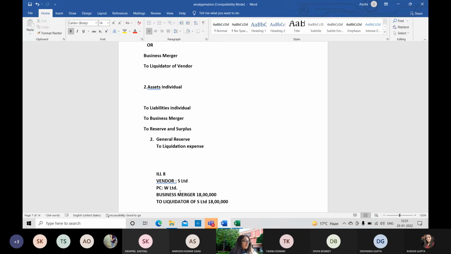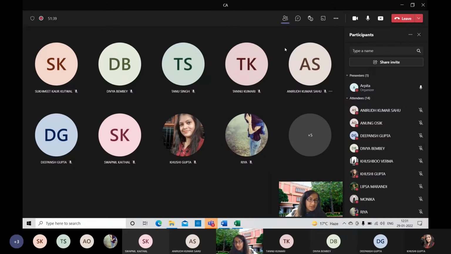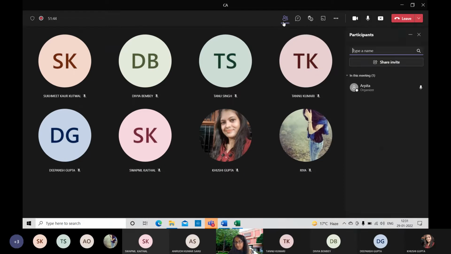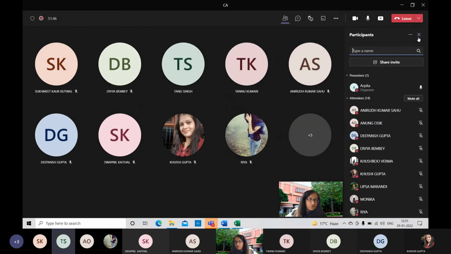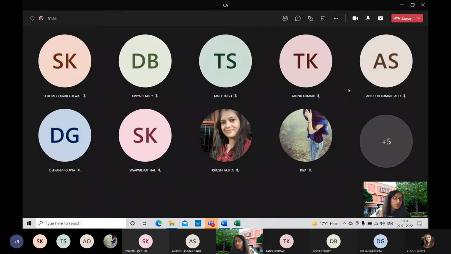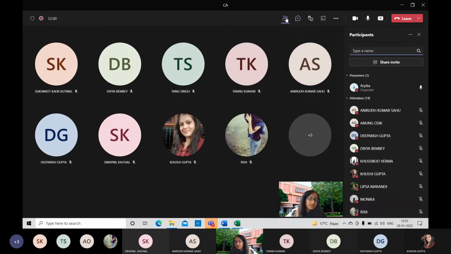The journal entries you have to pass according to pooling of interest and bracket में लिखा है merger method. तो सबसे पहले clear हो गया मुझे इस question से कि मुझे purchase method use नहीं करना. Which method I have to use? Merger method, right? So can you tell me, how are you going to calculate the purchase consideration?